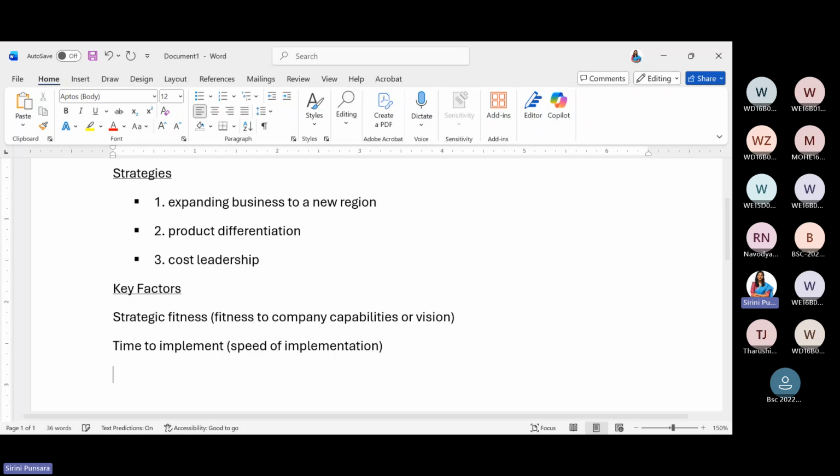Then we'll take another factor, maybe risk level. That means what are the possible risks that each of these strategies can pose? So we have 3 strategies and we have identified 3 factors. Then against these 3 factors, we are going to rank.